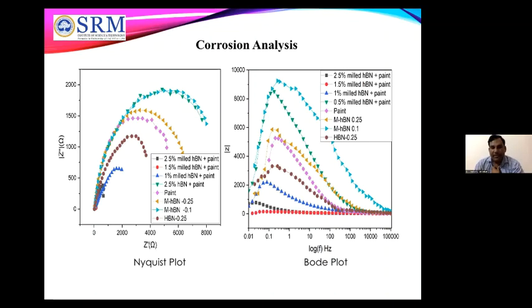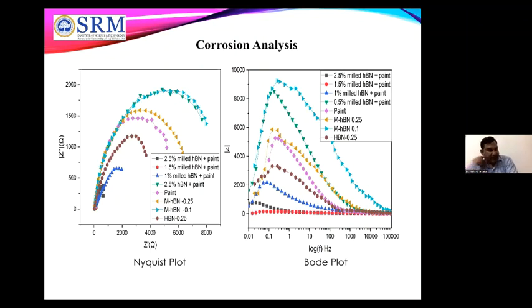More curvature gives more corrosion resistance, meaning more impedance with a larger radius of curvature gives more corrosion resistance. So in this case, we have made various samples at different concentrations like 0.1, 1.5, 0.25, 1%, 2.5%.